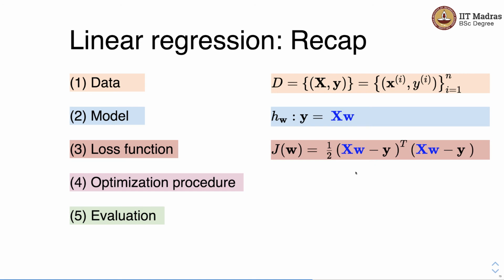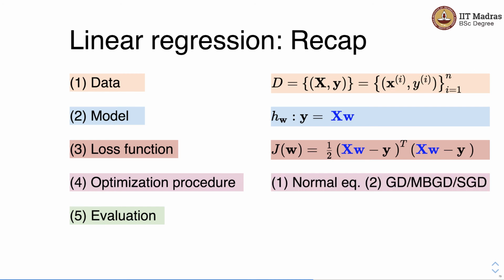The loss function is the sum of squared error multiplied by half, and it is mathematically written as J of w. It is a function of the weight vector w, equal to half times the difference between the predicted label and the actual label. This is the difference vector, and we take the transpose of this vector and multiply it with the same vector to obtain the loss function.